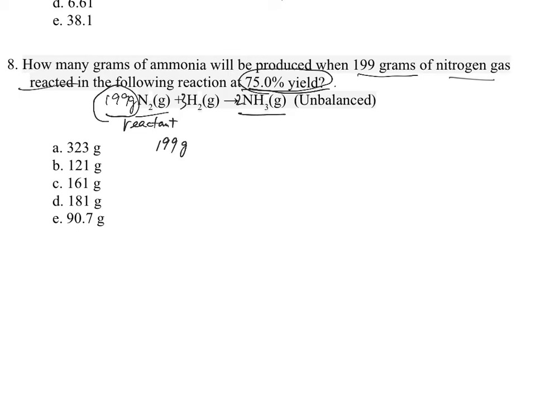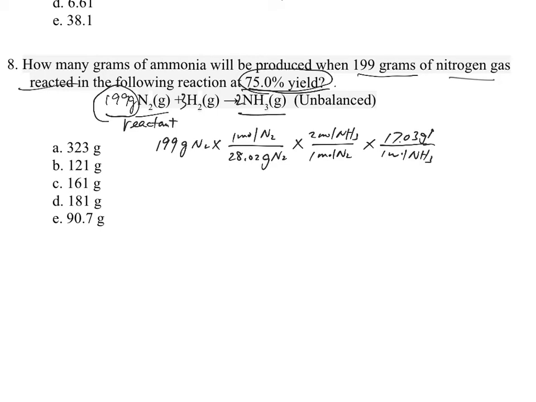199 grams of N2. Each 1 mole of N2 is 28.02 grams, and then each 1 mole of N2 produces 2 moles of NH3, and then each 1 mole of NH3 is 17.03 grams. Okay, so grams cancel, moles of nitrogen cancel, moles of ammonia cancel.